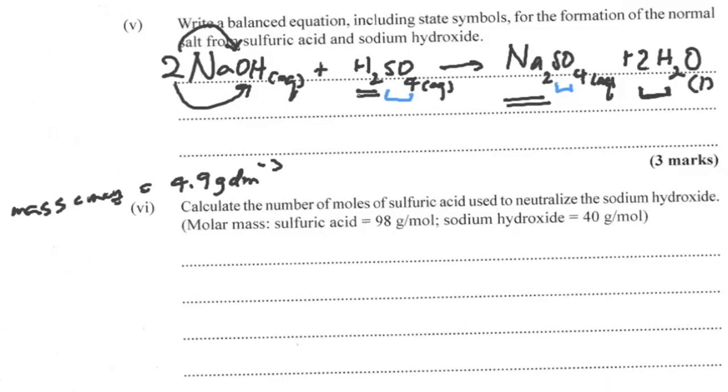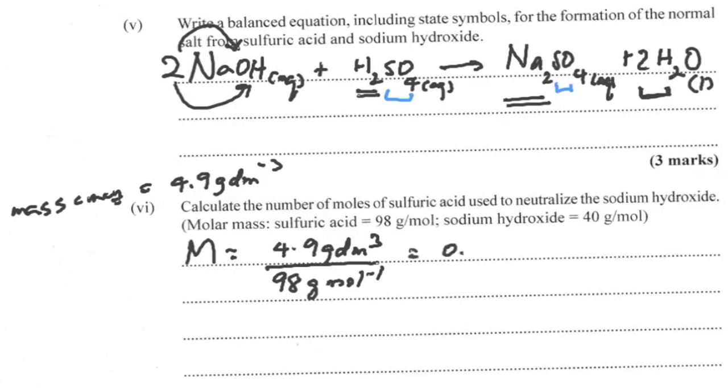So the molar concentration, big M, is equal to the mass concentration, 4.9 grams per dm cube, divided by the molar mass, since we're moving from mass to moles, which is 98 grams per mole. Of course, grams will cancel out grams, and we'll be left with moles per dm cube. So this would give us 0.05 moles per dm cube of our sulfuric acid.